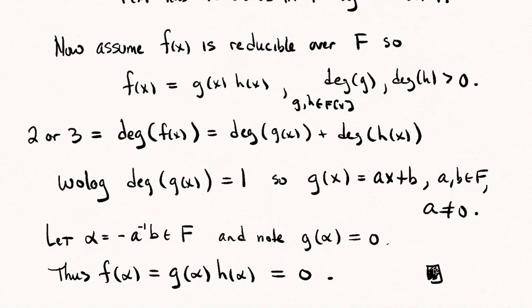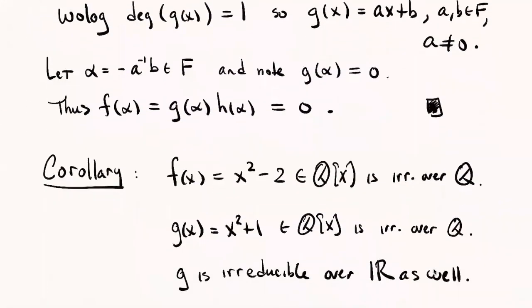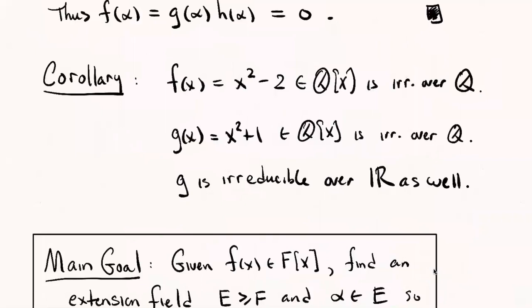But again, the problem of showing that a given polynomial is irreducible over a field can be quite challenging. Here I can finally prove rigorously, using that degree 2 or 3 theorem, that x squared minus 2 is irreducible over Q, because the zeros of it are the square root of 2 and the opposite of the square root of 2, and you probably proved in Math 240 that neither one of those numbers is rational. x squared plus 1 is irreducible over Q by the degree 2 or 3 theorem.